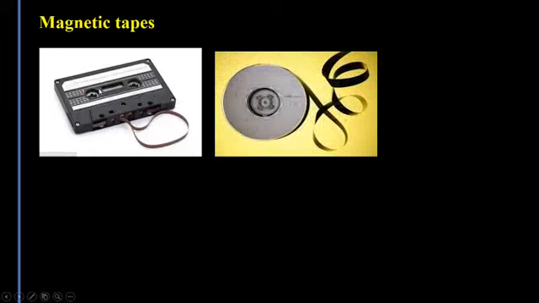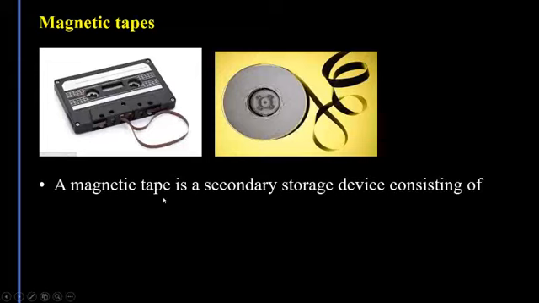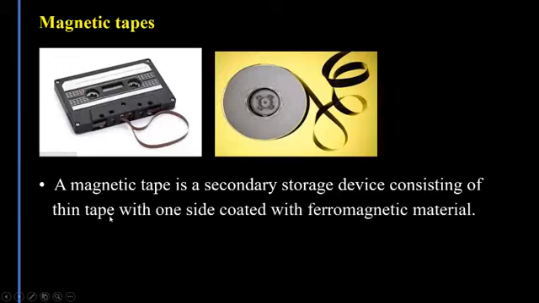It could be inserted into either a cassette player, but also other gadgets. Magnetic tapes have been used for many years to store information, not only music, but also some other form of data. So a magnetic tape is a secondary storage device consisting of thin tape.